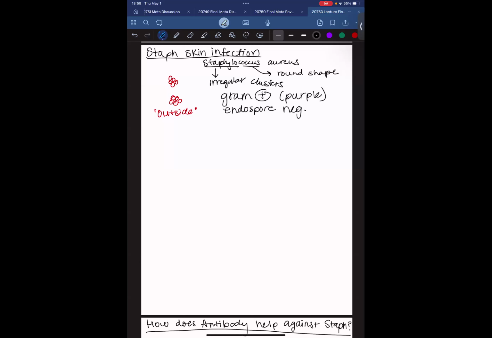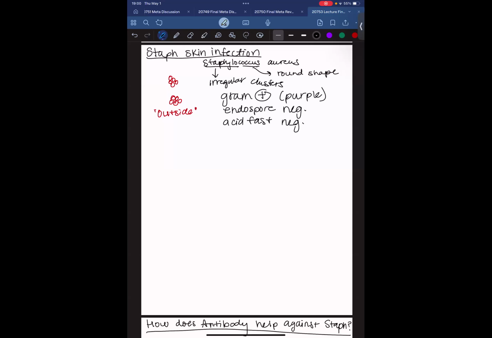Because the only species that make endospores are Bacillus and the Clostridium bacteria, right? All right, so that's the next one that we'll get to. Is Staphylococcus aureus acid fast? No. This one is the one where you're only acid fast if you're Mycobacterium. So it'll be negative for the endospore test. It'll be negative for the acid fast.